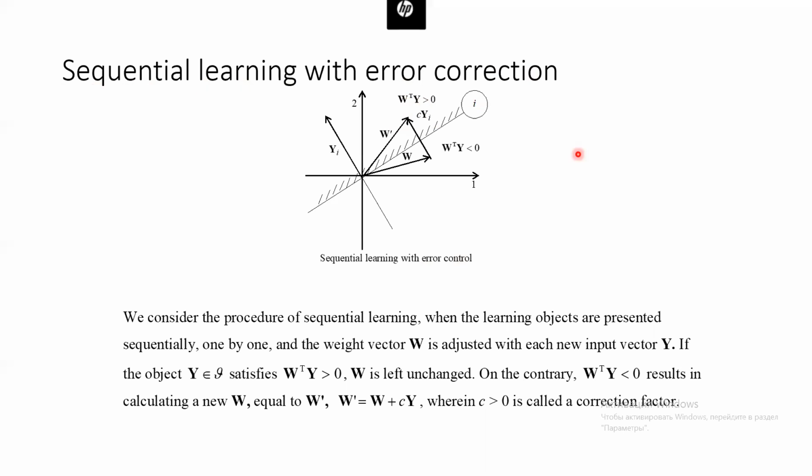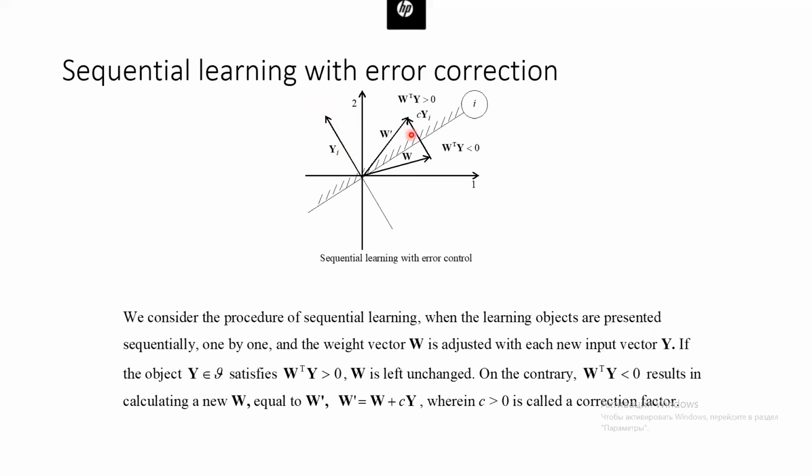So, I just repeat it one more time for Fidel. We have some vector of our object. So our object in multidimensional feature space is a vector yi.